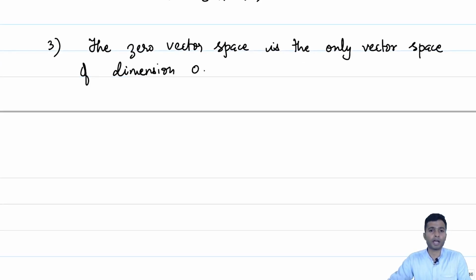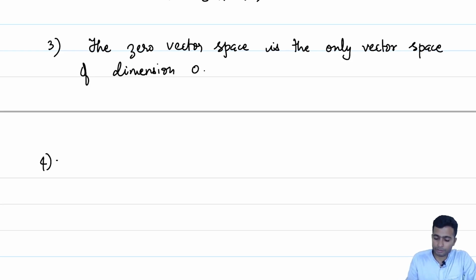By convention, span of the empty set is 0 and the empty set is linearly independent. It is all consistent with the conventions. That is a basis of the zero vector space, that is the only basis here. And that is the only vector space which will have dimension 0. You should think about why that is the case.